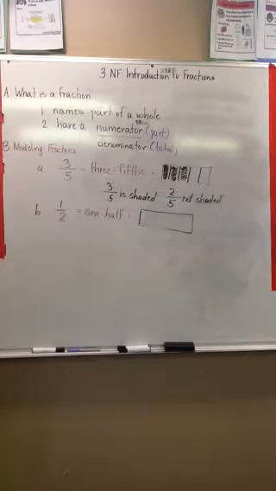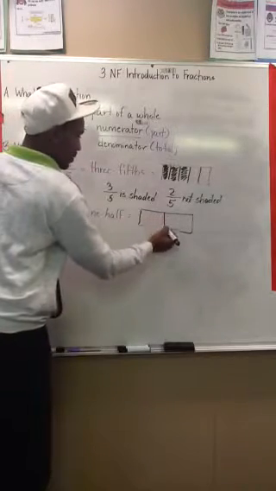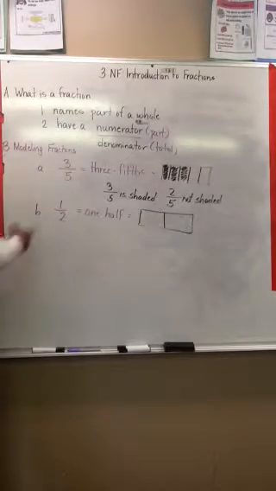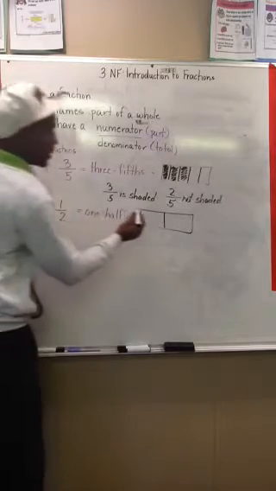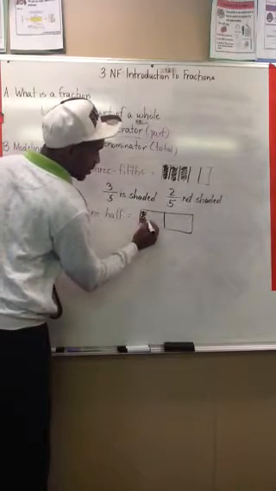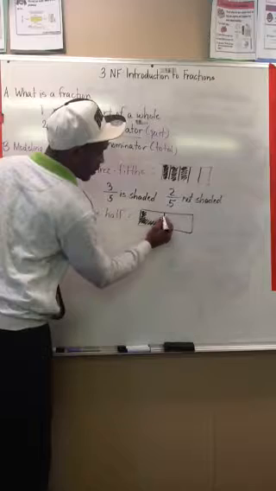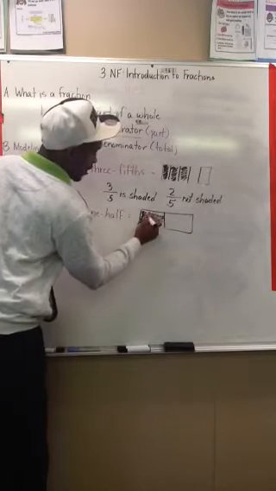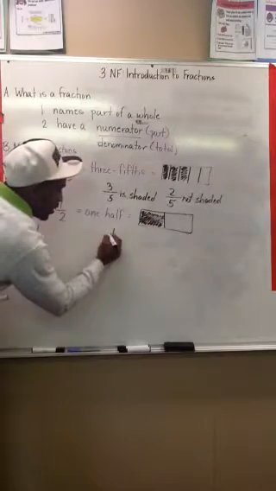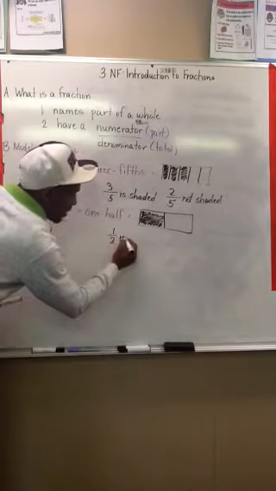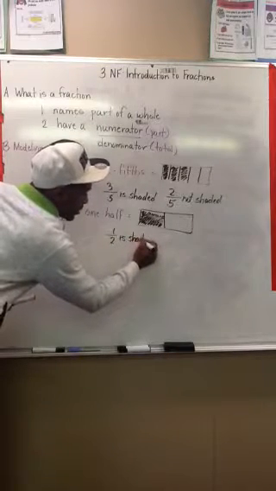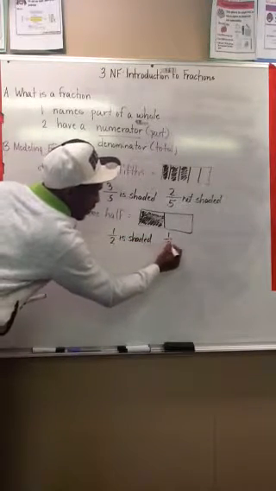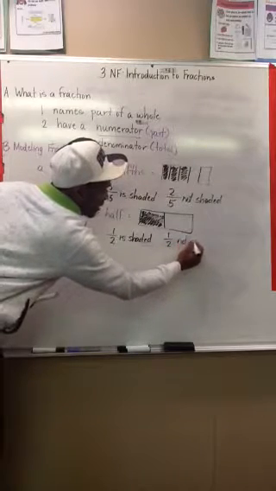My denominator is 2, so how many pieces should I break it into? You guessed it, 2. My numerator is 1, so how many should I color in? Just 1. Okay. So this means that 1/2 is shaded. How much is not shaded? 1/2 is not shaded.